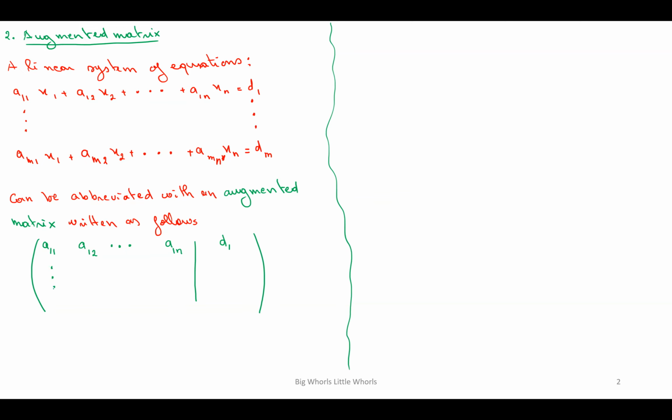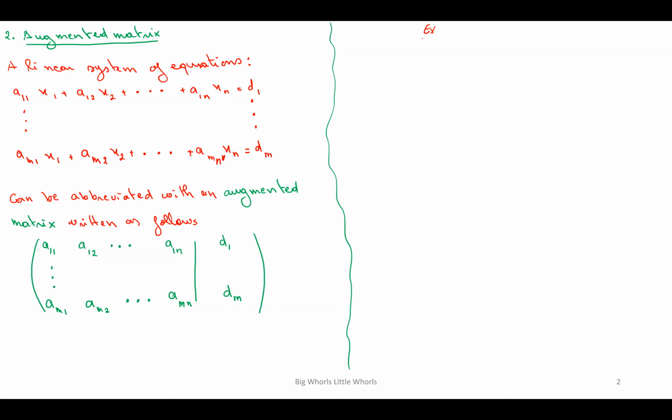We do the same thing up to am1, am2, dot dot dot, amn, dm. So writing a linear system in its augmented matrix form makes computations easier.